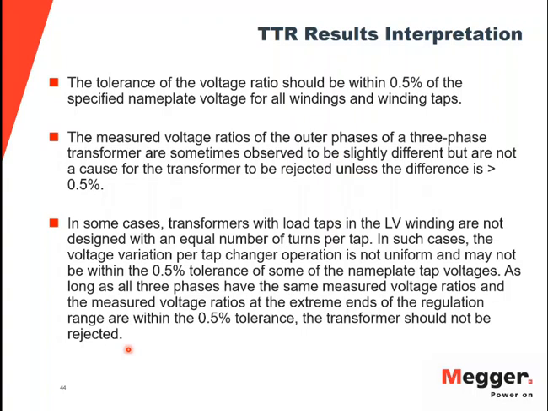But as long as the A, B, and C phase on any given tap are reading very close to each other, and the extreme taps are within 0.5% tolerance, you can accept the transformer and tap changer. It is okay. Those results are acceptable as long as the extreme taps are within tolerance and the intermediate taps phases are very close to each other.